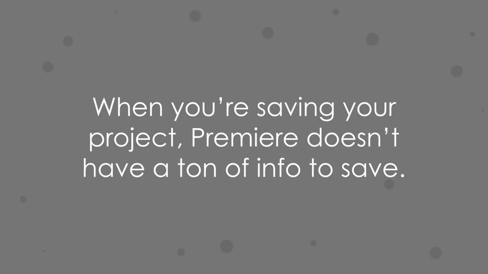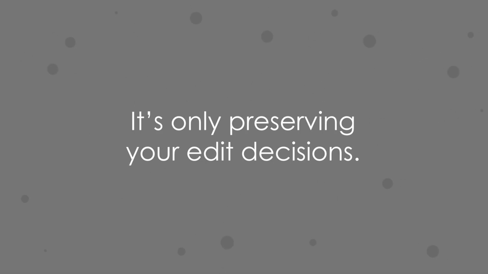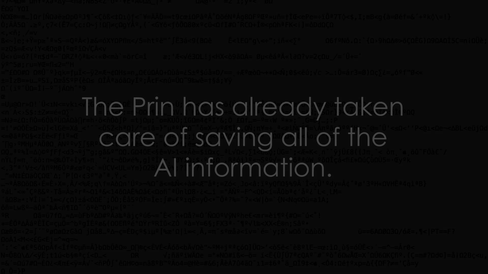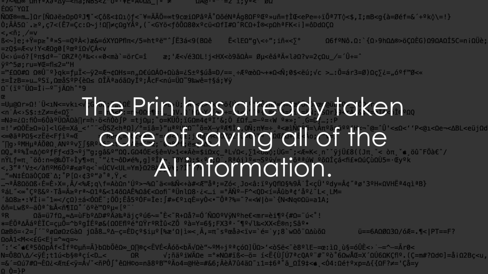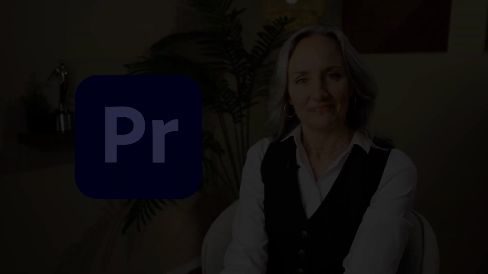Also, when you're saving your project, Premiere doesn't have a ton of info to preserve. It's just preserving your edit decisions, etc. The Prin has already taken care of saving all of the AI information separately. So, in summary, the Prin file speeds up your Premiere project loading and saving, because all of the AI data is actually saved elsewhere in the Prin.